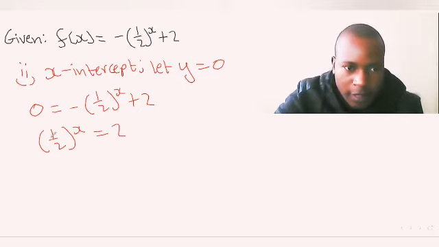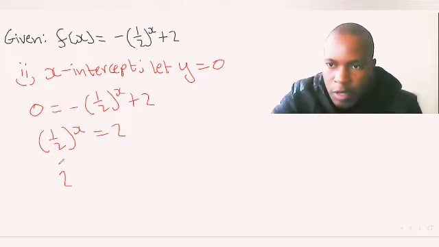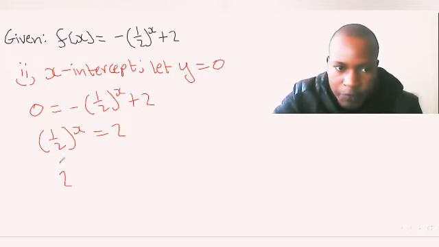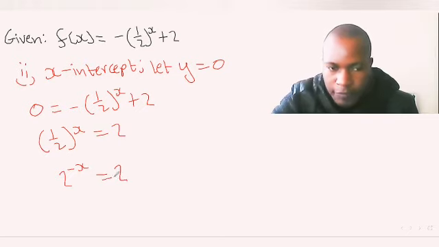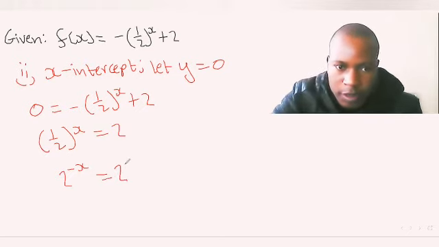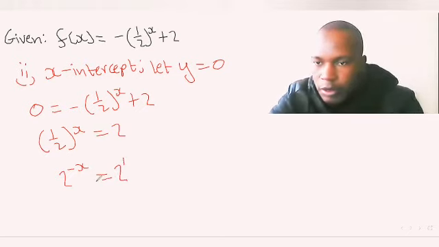Now the half would just be a negative exponent, so that would be converting it to exponential form. This would just be negative x. So that would be 2 to the power negative x, which equals 2. Remember that the 2 itself would just be to the power 1.